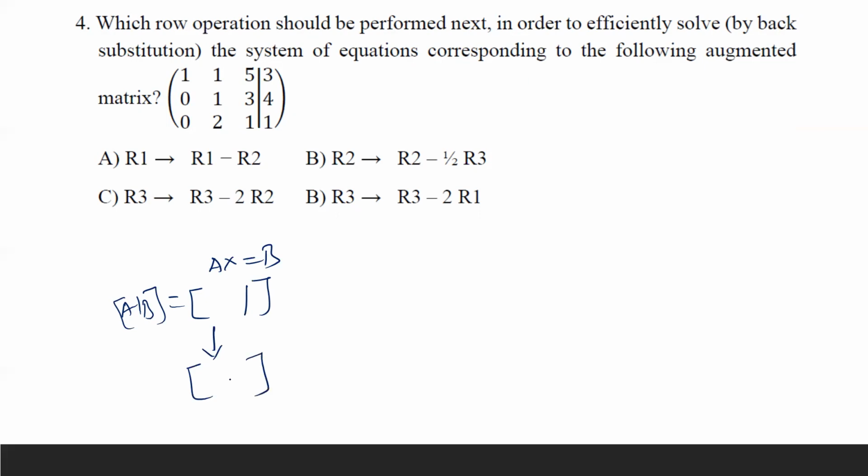After reducing this into its echelon form, we'll again write the equations. After writing the equations, we'll use the back substitution method. From the last equation, we'll get the value of Z. By back substituting the Z value in the second equation, we'll calculate the value of Y. And then by back substituting the values of Y and Z in the first equation, we'll calculate X. This is the back substitution method.